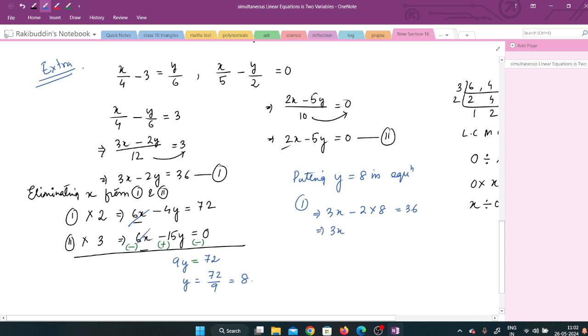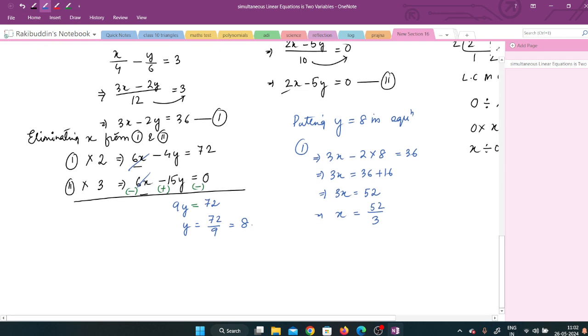So 3x equals 36 plus 16, that is 52, and x will be a fraction, 52 by 3. We cannot reduce it. So therefore x equals 52 by 3 and y equals 8.